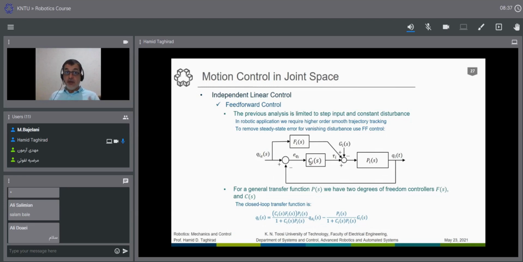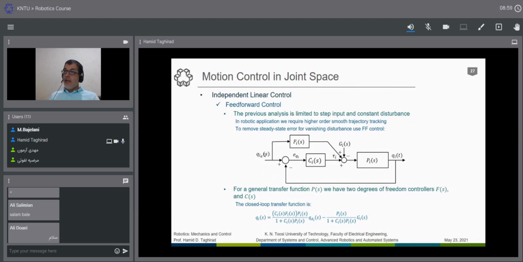But if we need to meet more than 2 objectives, usually we use either another loop, which is here a feed forward, or sometimes another feedback, a cascade controller, which we will discuss at the end of this course.